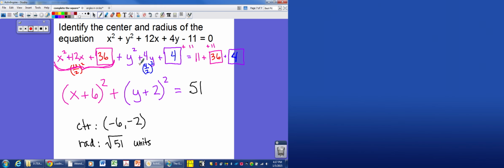For algebra, you can do this to find the center of circles or conic sections, like parabolas, hyperbolas, and ellipses. If you do it right, it can tell you the major and minor foci, and you can find all your information about ellipses and hyperbolas as well by completing the square. So hopefully this has been useful, and good luck on your problem.